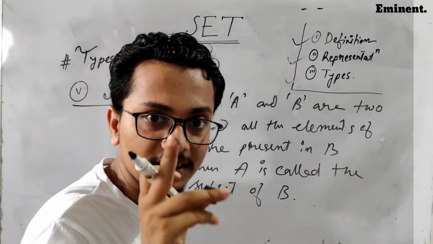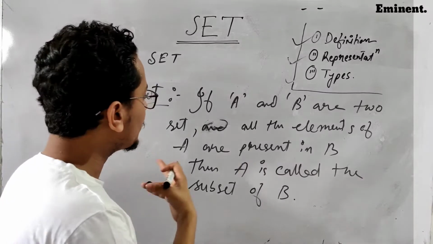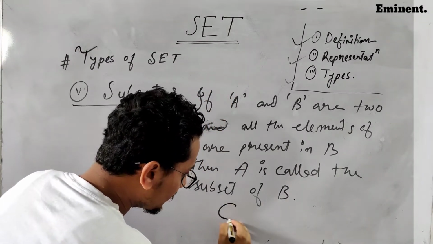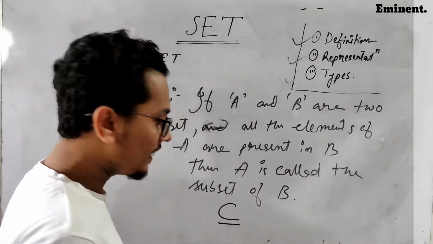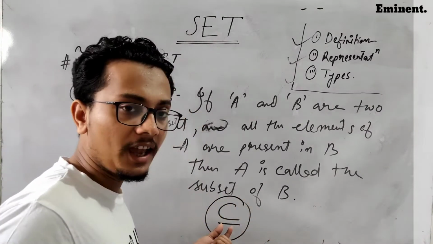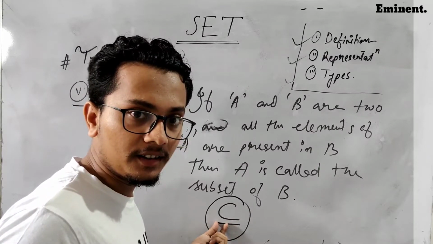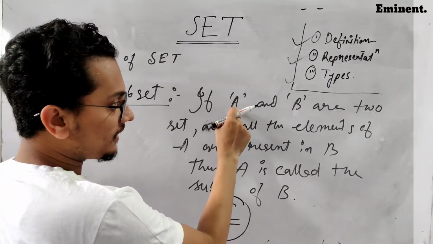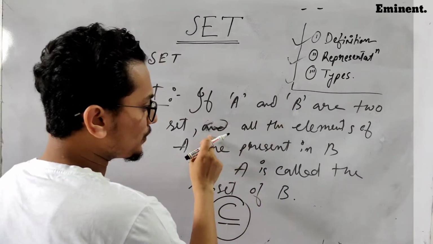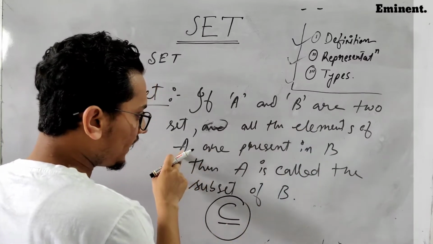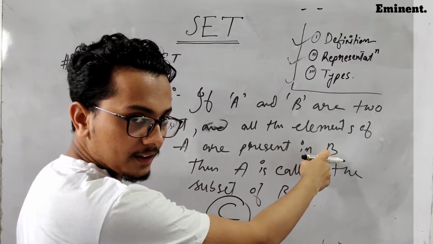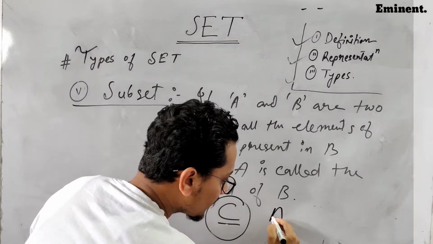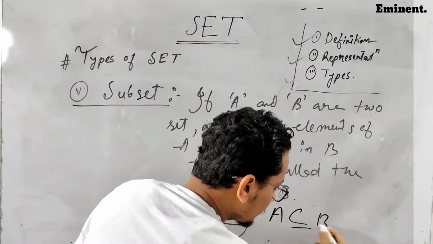There is a symbol by which we can represent subset, right? And this symbol is this one. This symbol is known as subset. Then I have written in the definition that A and B are two sets and all the elements of A are present in B. In this case I can write it like this.